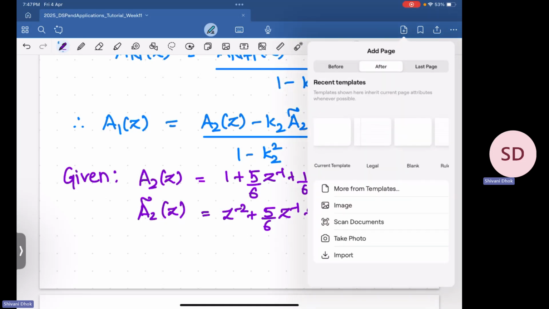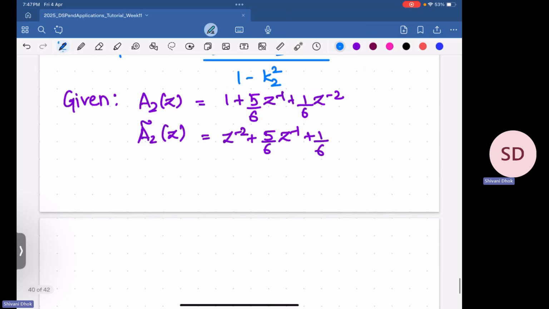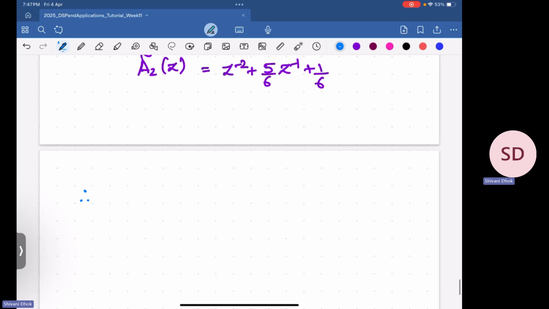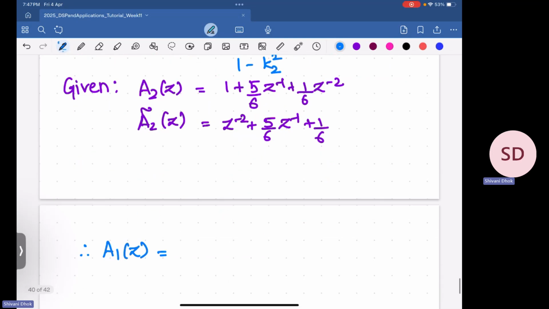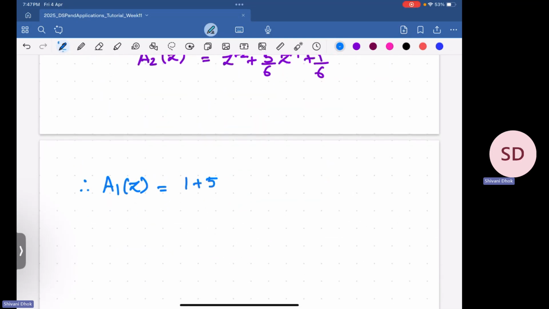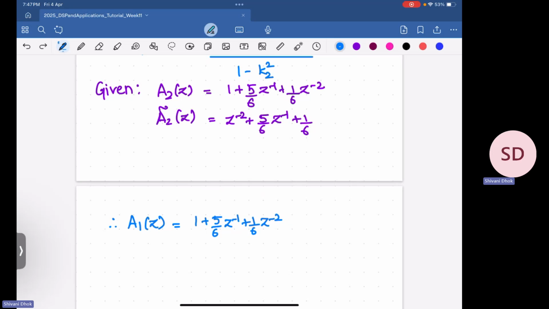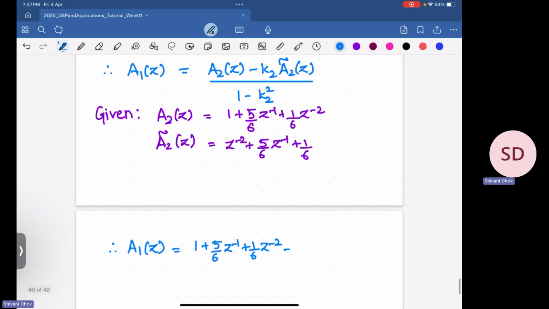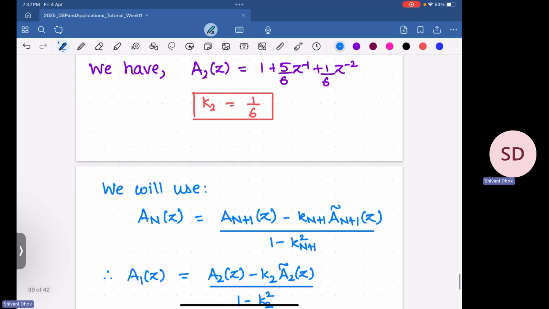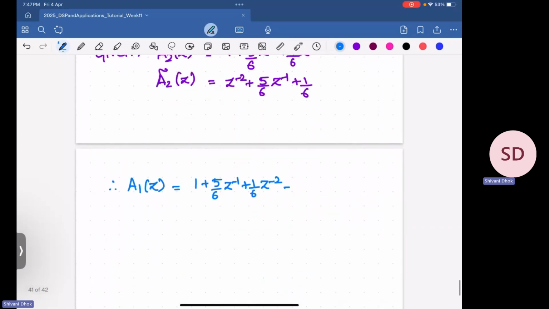So what do we get? A1 of z is equal to my A2 of z, which is 1 plus 5 by 6 z inverse plus 1 by 6 z to the power minus 2, minus my K2. My K2 came out to be equal to 1 by 6.